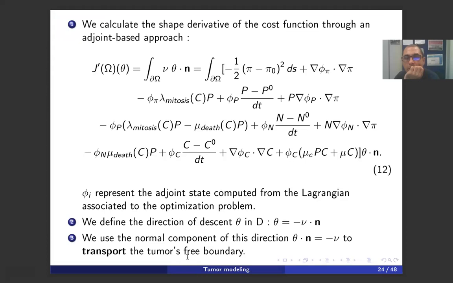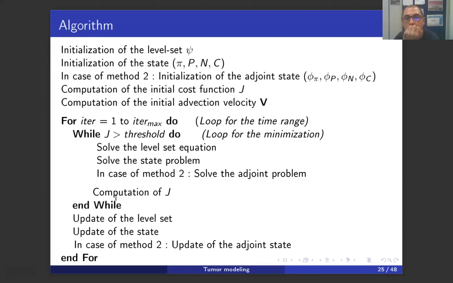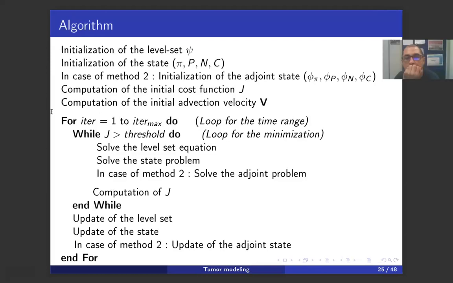And then we can define the direction of descent, and we can, of course, compute and simulate the evolution of the free boundary. And then we obtain the next algorithm. We initialize the level set psi, and then we can compute all the variables in the first domain omega, pressure and all the densities of the cells.